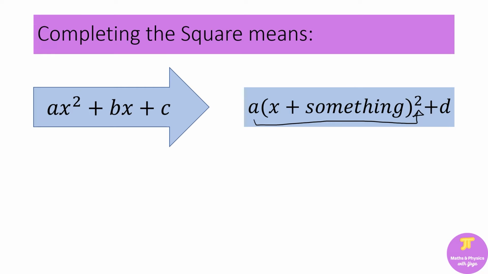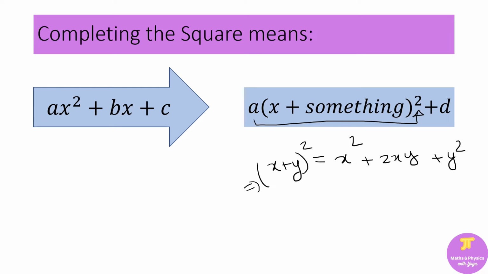Before we dive into more details, let me remind you how to expand this one. (x + y) squared is nothing but x squared plus y squared plus, in the middle, 2 times x and y. So this is quite important.